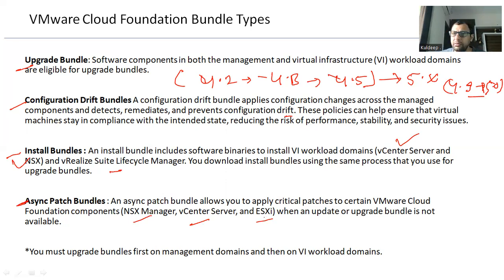So you have to download the async patch tool in your SDDC manager, and on the basis of that you download the async patch, the critical patch published by VMware. That async patch bundle has the patch available, and then you can push it inside your ESXi, vCenter server or NSX.